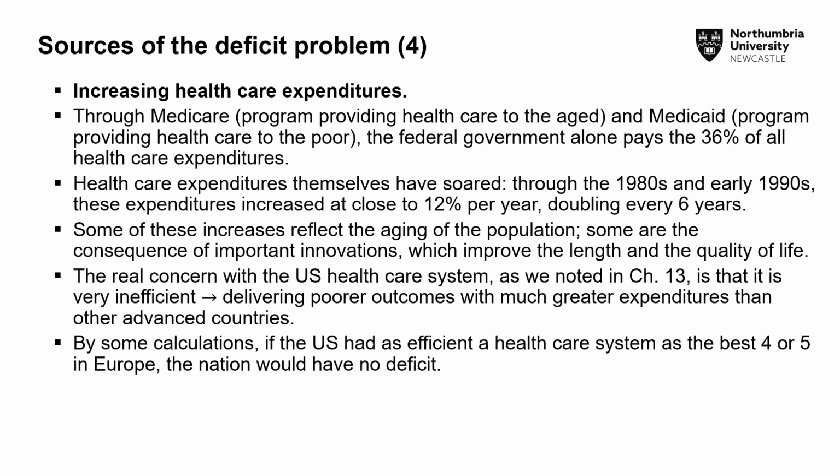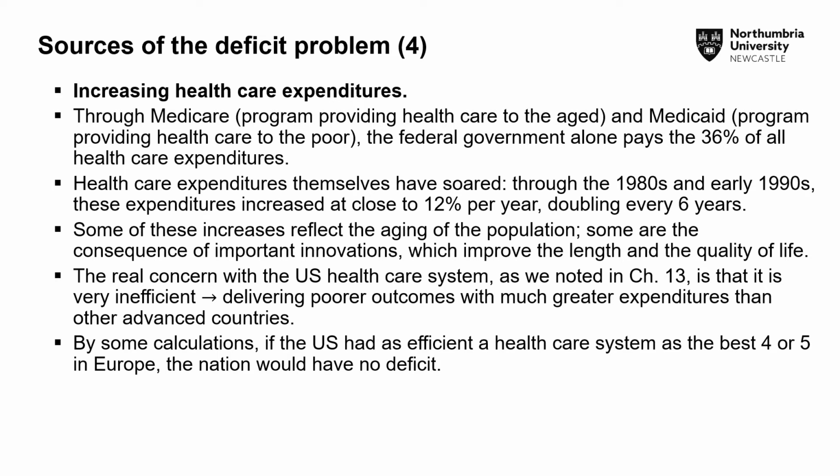Next, and perhaps related, we see an increase in healthcare expenditures. Through the Medicare and Medicaid programs, the federal government alone pays 36% of all health expenditures. So there is a lot of money going into this. Healthcare expenditures themselves have soared.